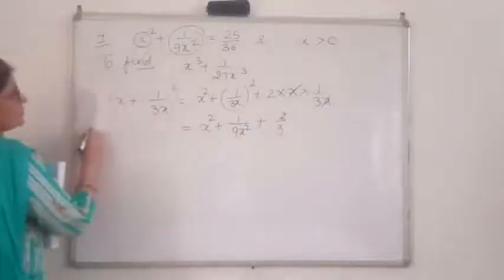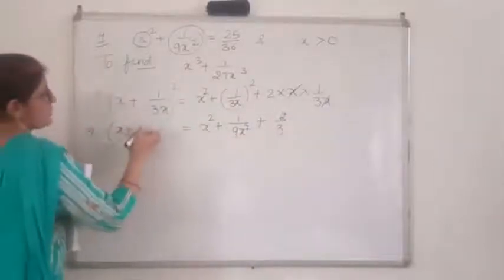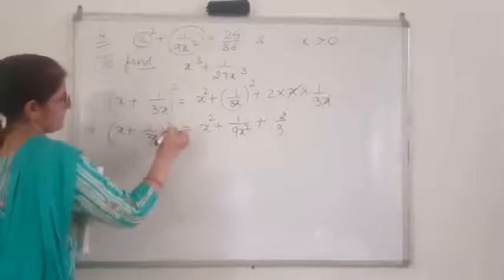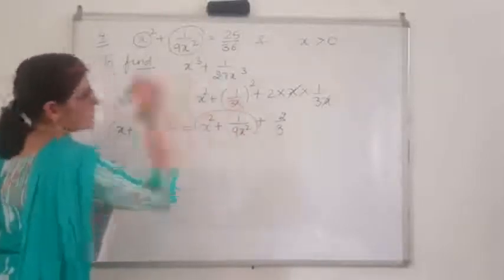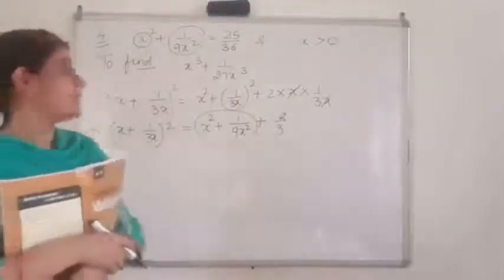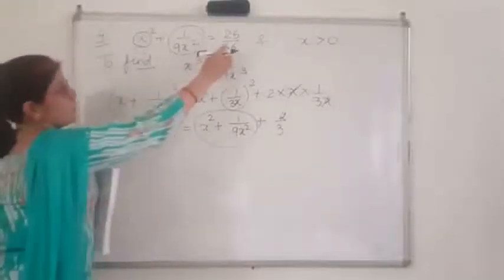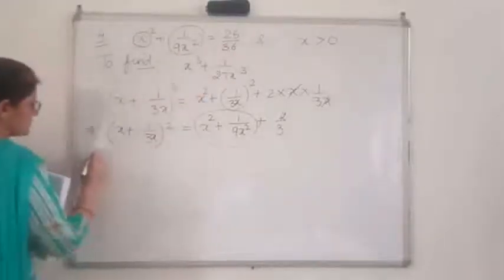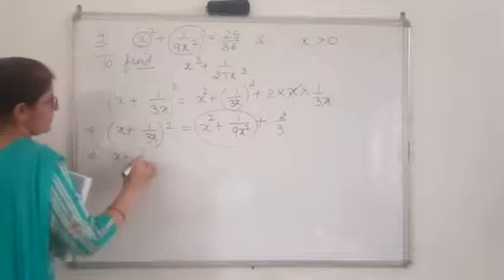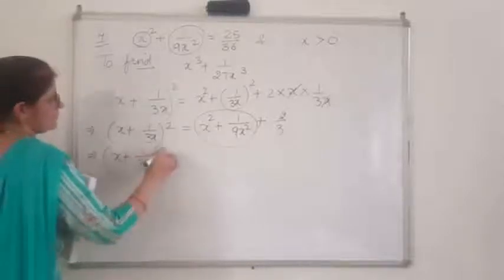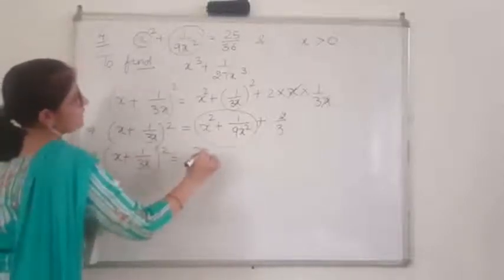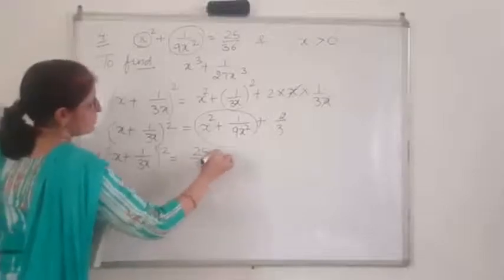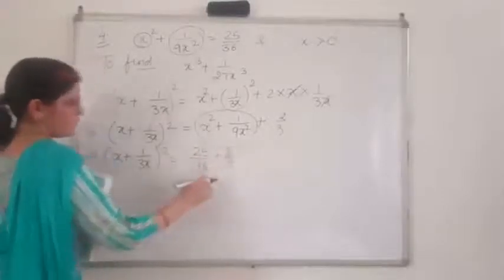So what will we do now? We have to substitute the value. The value of x square plus 1 upon 9x square is given as 25 upon 36. So x plus 1 upon 3x whole square equals 25 upon 36 plus 2 upon 3. What will we do here?